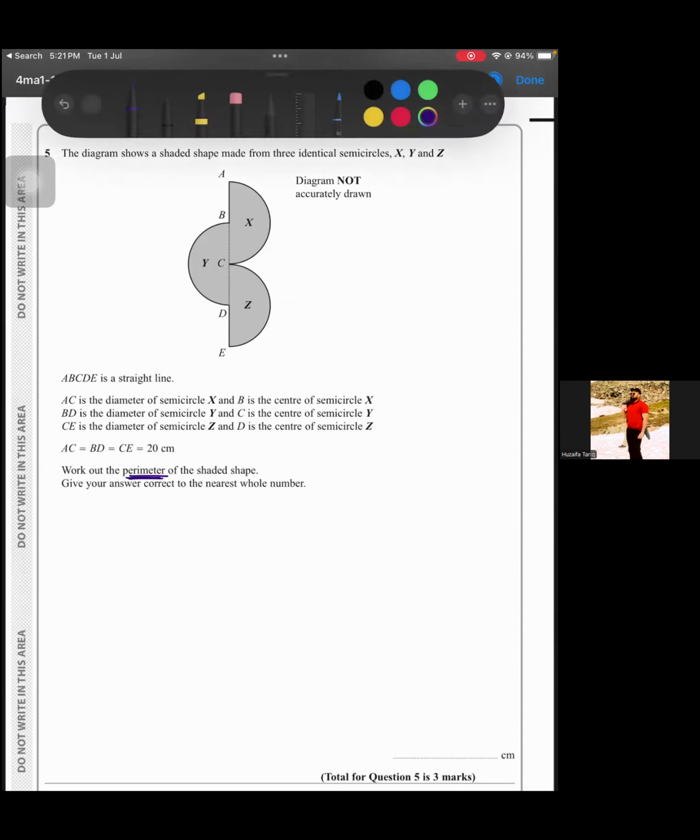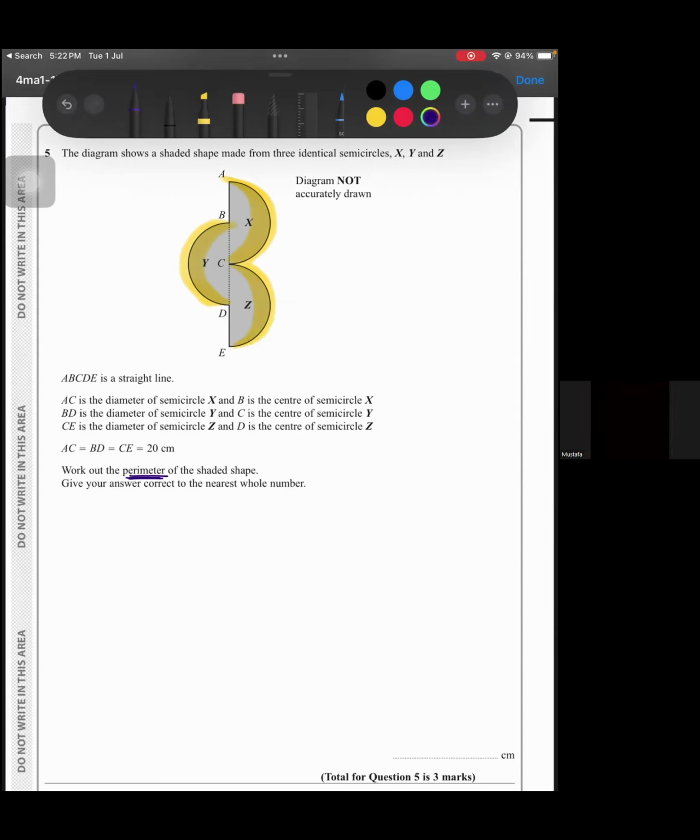First of all, we know that this is the circumference of a semicircle. This one also, and this one also. The circumference of a semicircle is 2 pi r divided by 2, which is basically pi r.